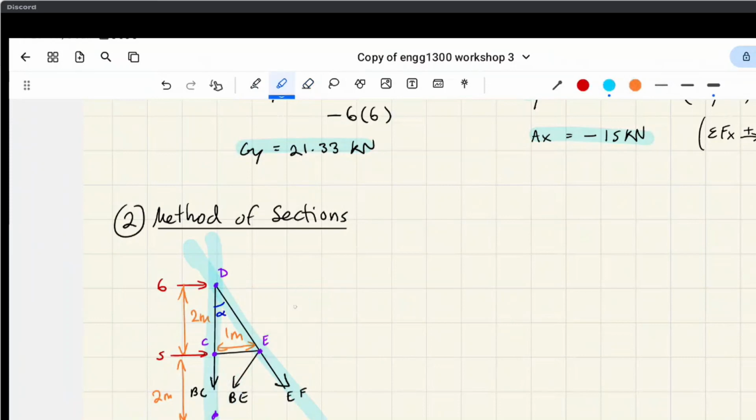We're interested in BE, so we want to take the sum of the moments about point D, don't we? Because then EF and BC cancel out. In order to do that, we're taking the moments about here, so we actually have to work out this distance here.